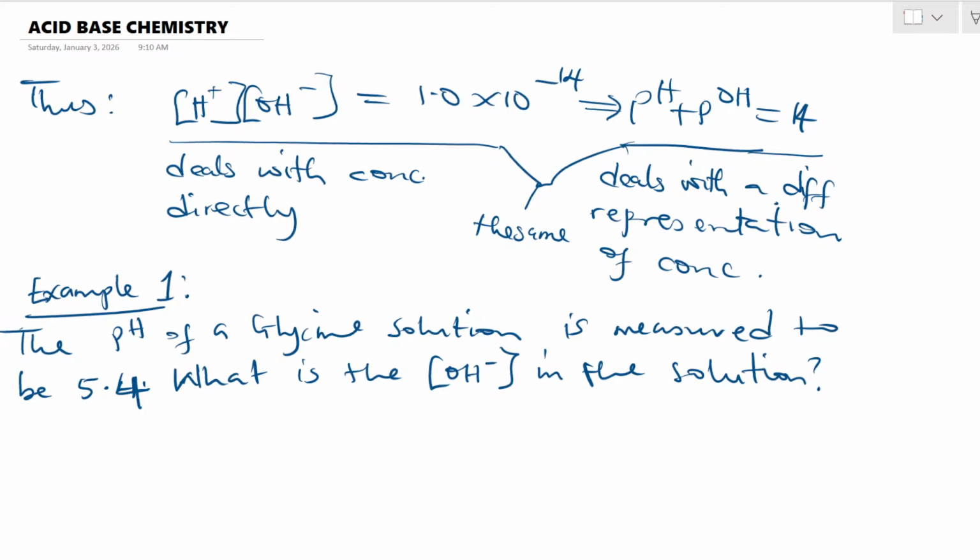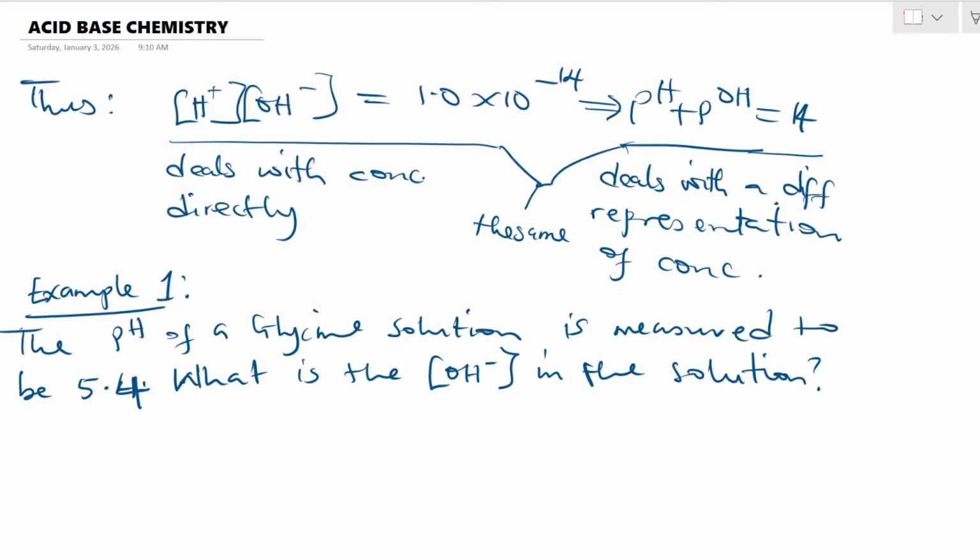The P scale. So in whatever case, both aspects of this P scale can be applied in acid-base calculation. Then we looked at example 1 in this regard.